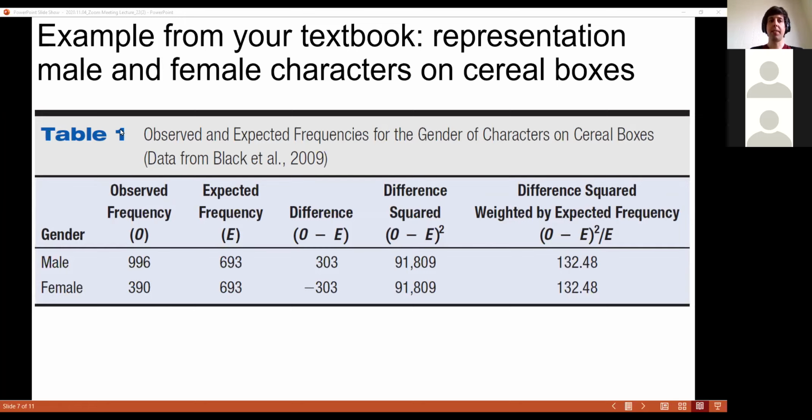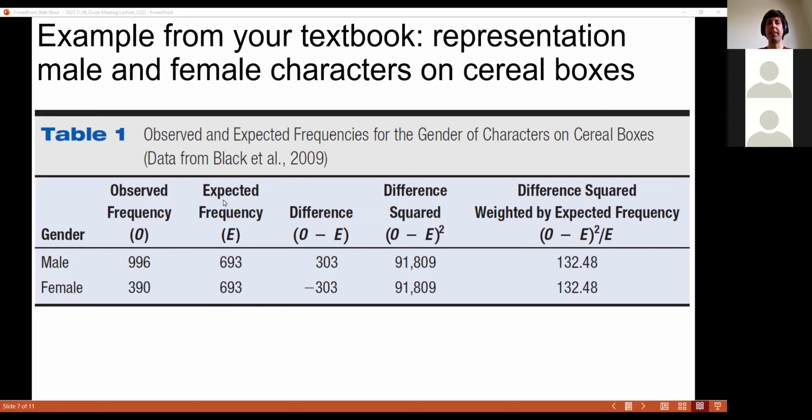And for the sake of this study, they chose as the expected frequency of the presence of males and females on serial boxes that you would expect an equal number of male characters and female characters to appear on serial boxes. Now this expected frequency, where you expect a 50-50 split if you have 2 different variables, is something where it's often a matter of interpretation what the expected frequency should be.